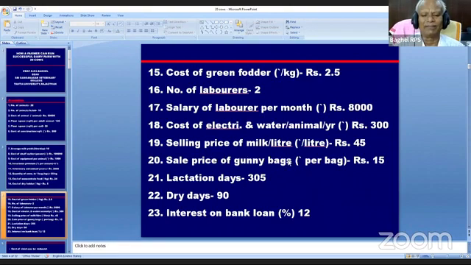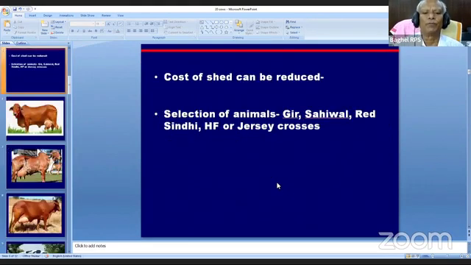Then the selling price of gunny bags is rupees 15, total lactation days of the animals are 305 days, and the dry period is around 90 days. The interest to be paid on the bank loan is 12%. On the basis of these parameters, our farmers can calculate the project to get the loan.